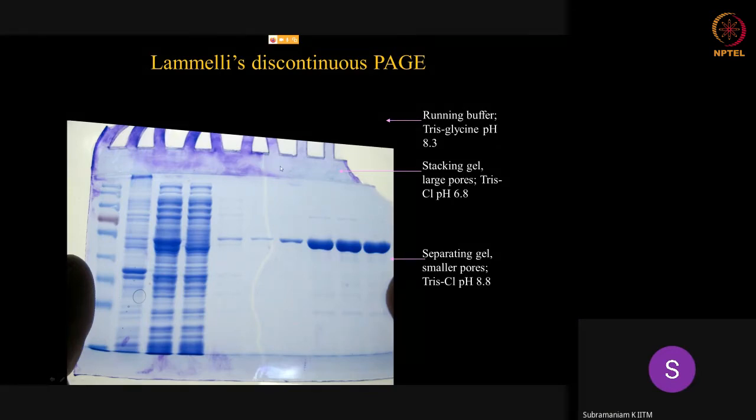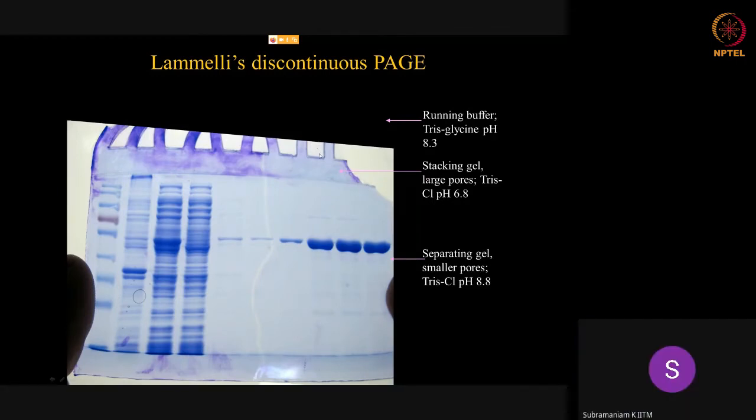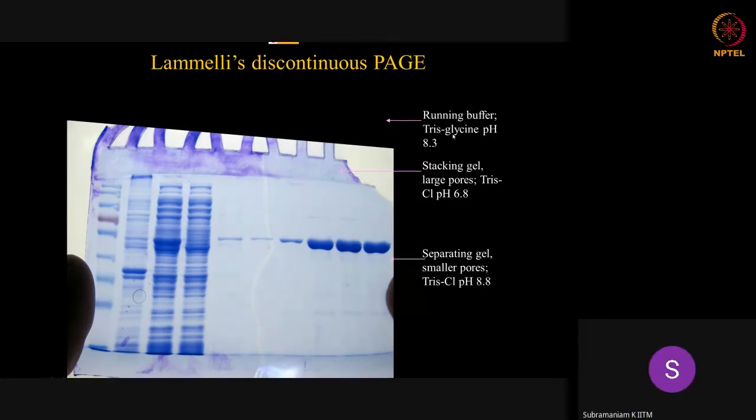So it starts to move very slow, and due to that a voltage gradient or potential gradient is set up in the gel, and that makes all the molecules move fast and line up here at the junction between the two gels. Okay, the voltage gradient is created by the difference in the pH between this and this, and the molecule chosen and its pKa value.